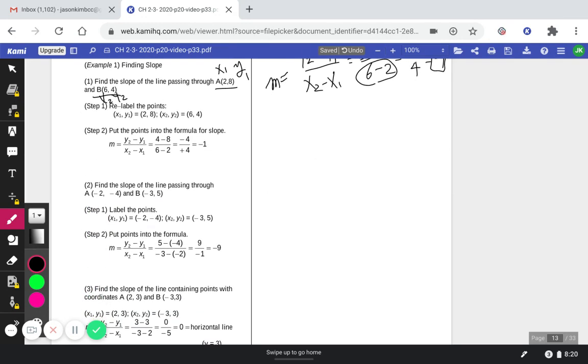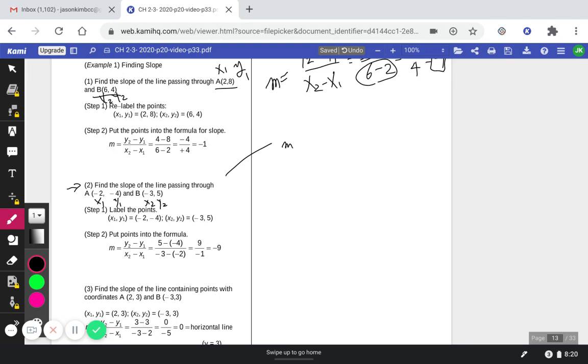Another example, find the slope of the line passing through point A, which is (negative 2, negative 4), and point B, which is (negative 3, 5). So first thing you do is again label them. Since A is the first point, you make it x1, y1, and x2, y2 for the B point.